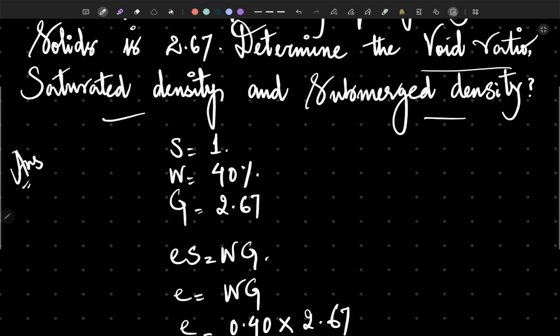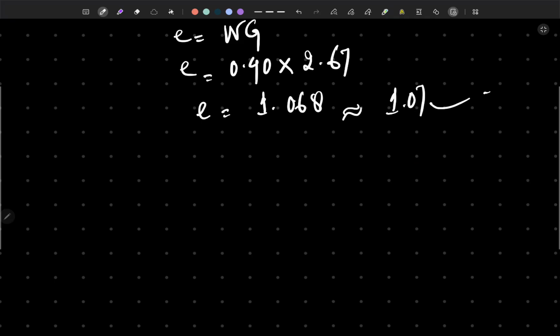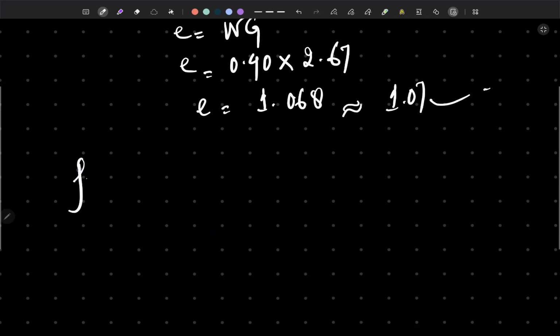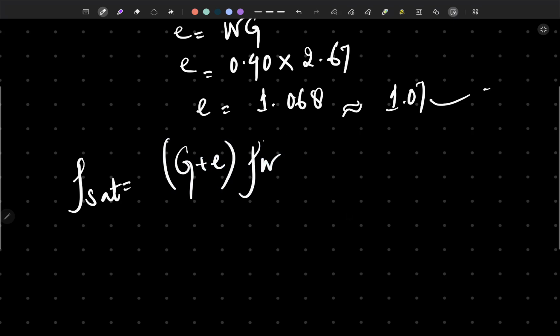Now we have to find the saturated density. Saturated density, as you can say from the generalized equation, it is (G plus e) rho w divided by 1 plus e. Alright, so let's go on substituting the values.